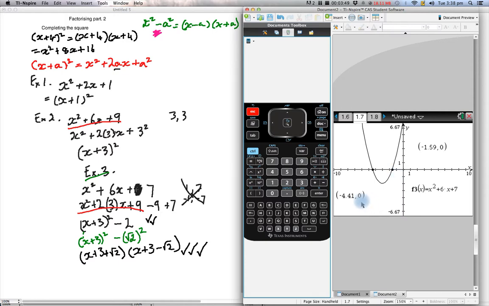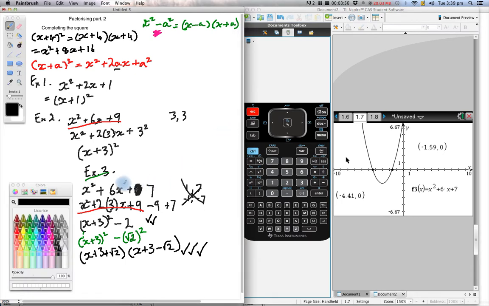So y is 0, y is 0. In other words, to find the intercepts, we're interested in when this equation equals 0. So this is why we had to factorize as well, because to find when this equals 0 is very difficult when it's in this expanded form.